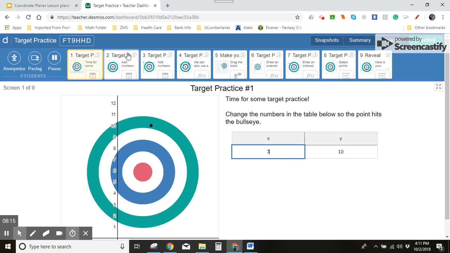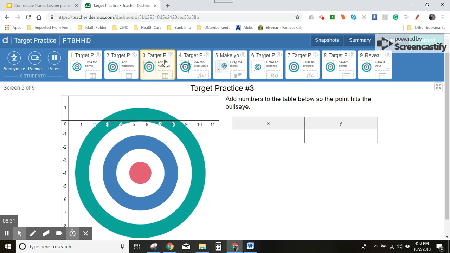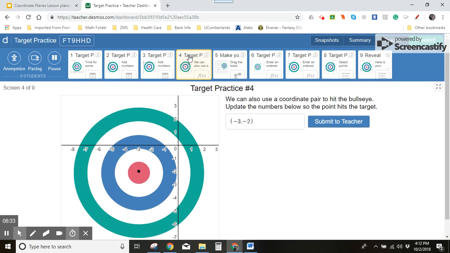After you do that and you get your bullseye lined up, I want you to go through these slides and plot points. Add numbers to the table below so the point hits the bullseye. Again, we're doing the same thing on slide 2 and slide 3. Now slide 4, you change a little bit.